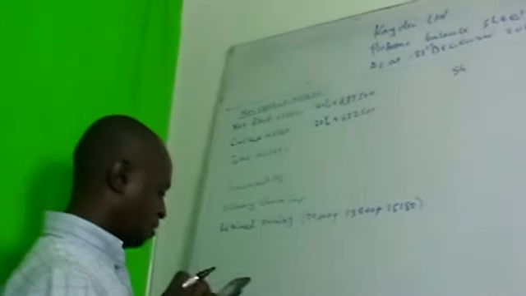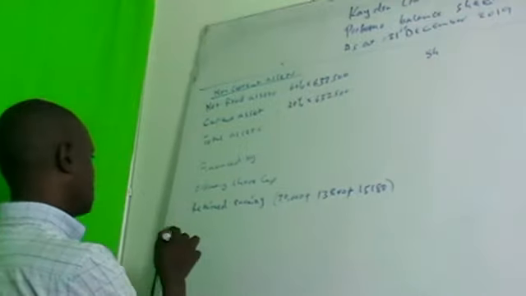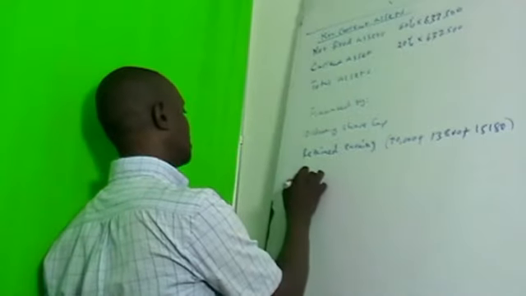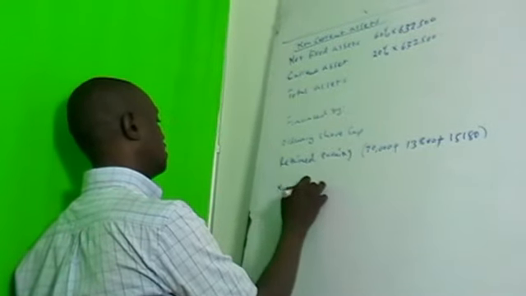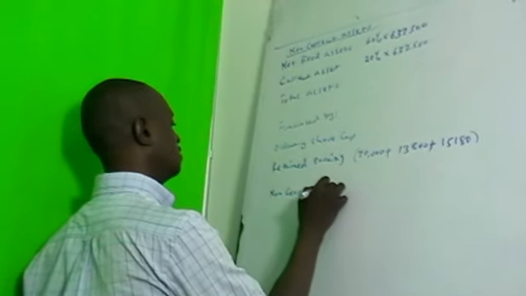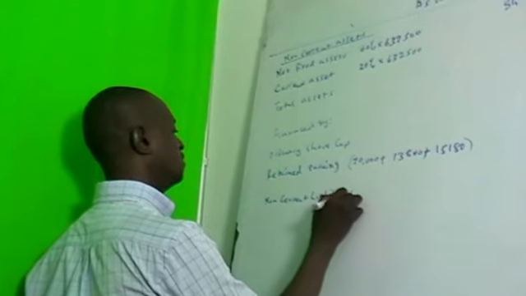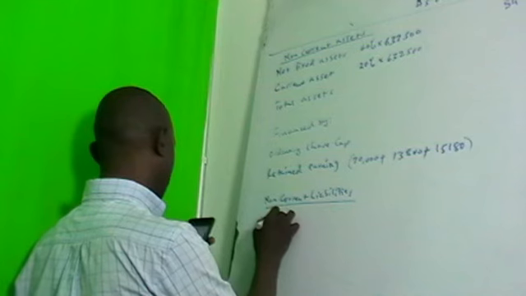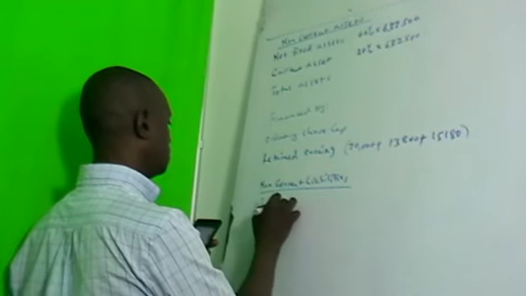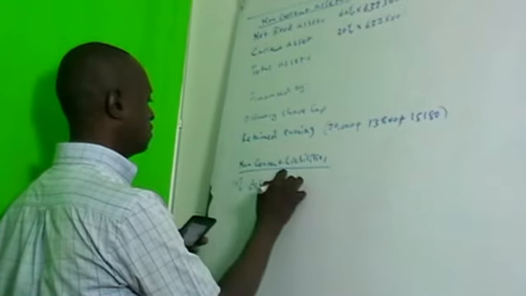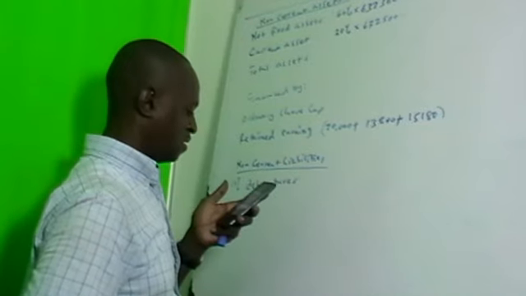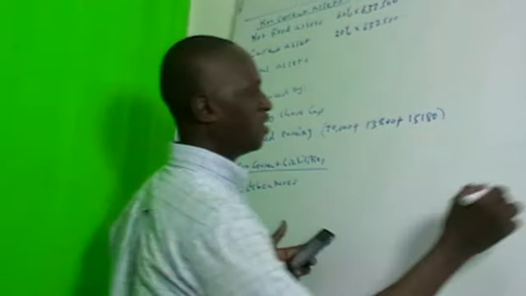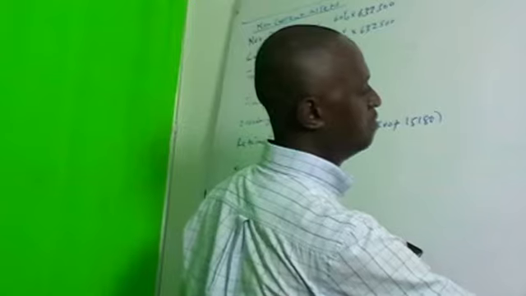Next we have non-current liabilities. So we have 10% debentures. This is 150,000. That one will be the same. Next we have current liabilities.